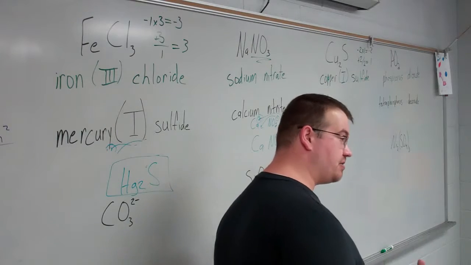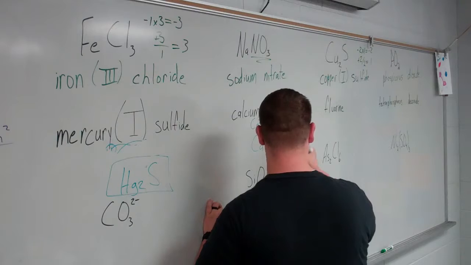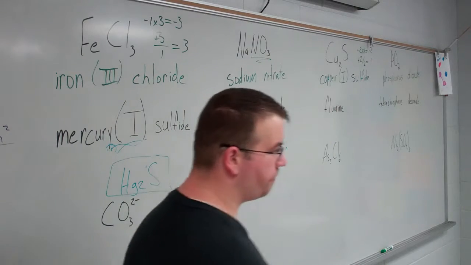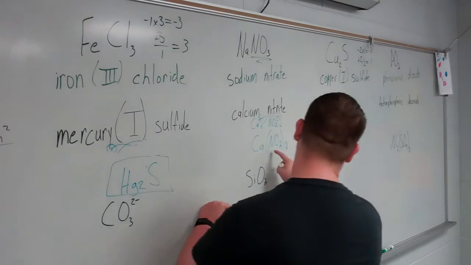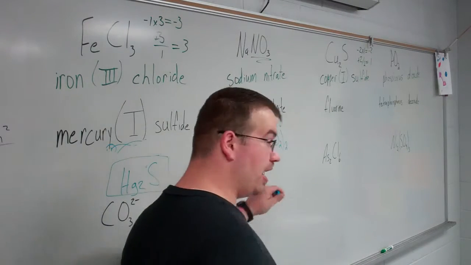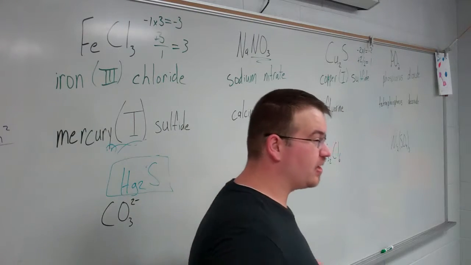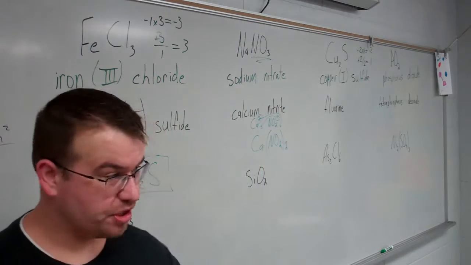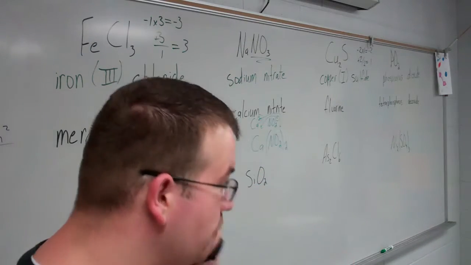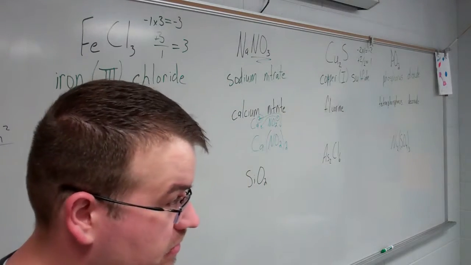To get those 2 nitrites, I have to put parentheses around it and put the 2 on the outside. Oh, okay. Because it's saying I have 2 of them. Okay. And whenever you put it in a bond like this, whenever there's a cation with these polyatomics, it's hiding the charge. You do not show me charge. Do not put the charge. If you put the charge, you're wrong. I'll have to count it wrong.